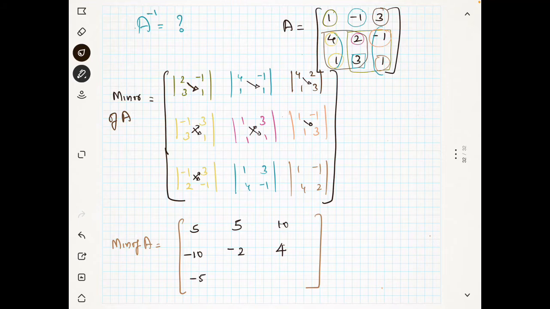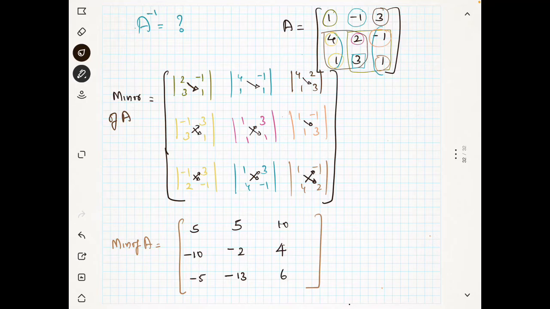Next 1 into -1 is -1 minus 12, okay, it is -13. Then 1 into 2, 2 minus -4 is 6, okay. So this is the minor of A.